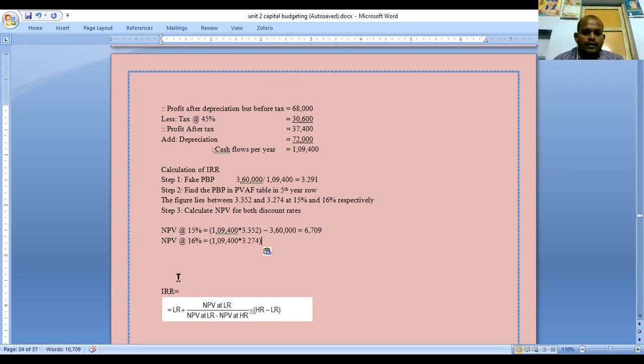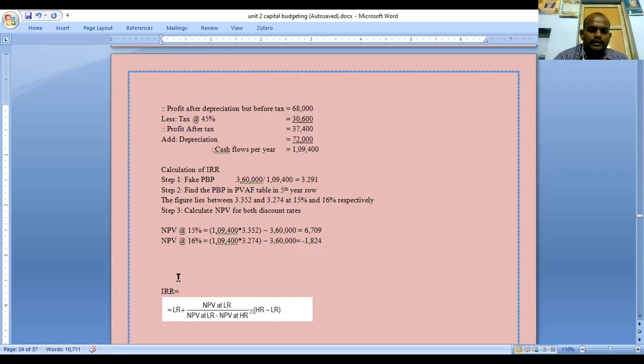3.274, and we have to deduct the PV of outflows, that is 3,60,000. So NPV will be minus 1,824. So the exact NPV lies between these two percentages.